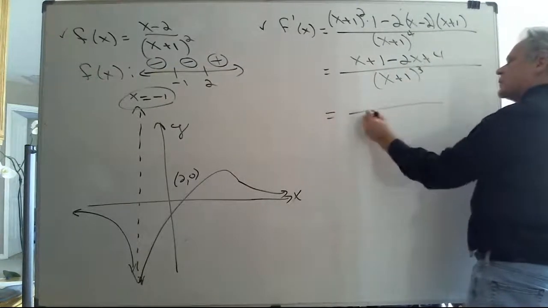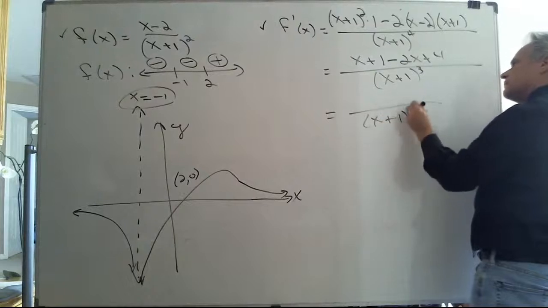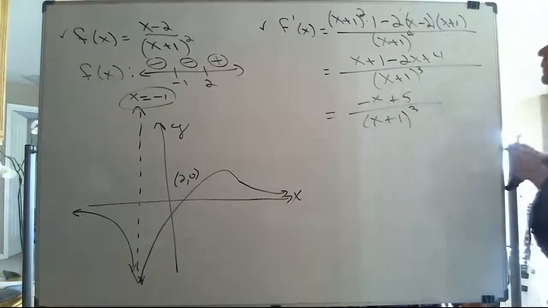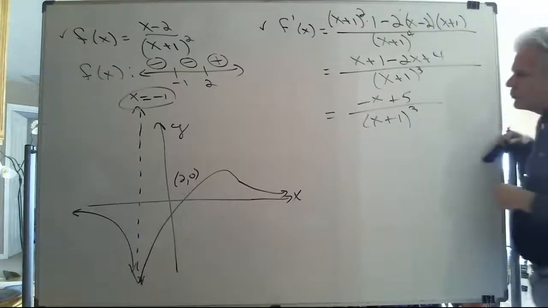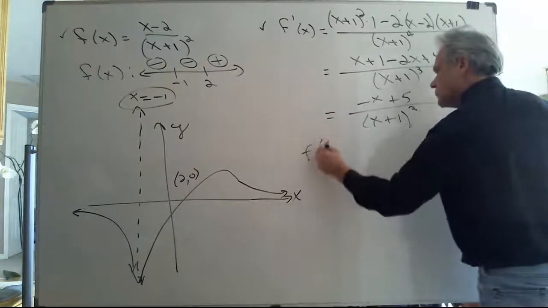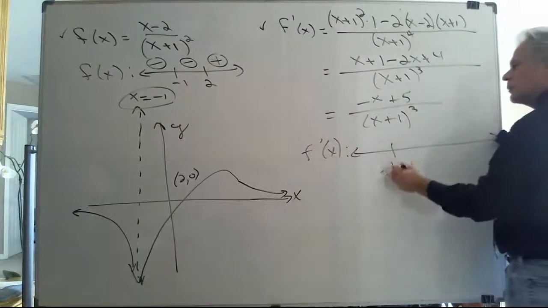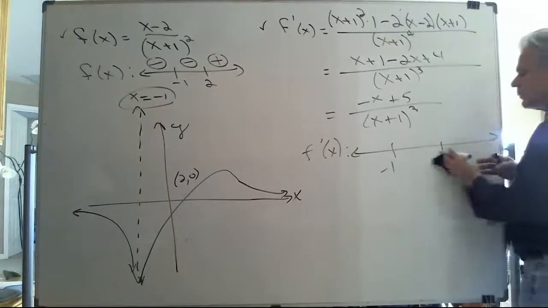Continuing to simplify. Now take a peek at how I've generated 2 critical numbers. Building a number line, apply those zeros, and checking my intervals.